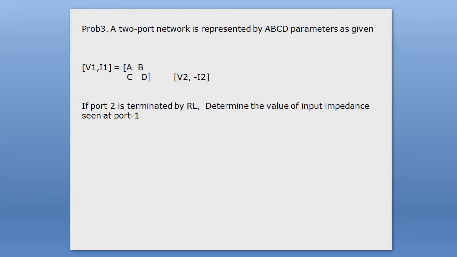Transfer impedance: Z12, Z21. The driving point impedance at port 1, that is the input impedance, Z11, equals V1 by I1. Your task is to calculate the value of Z11.